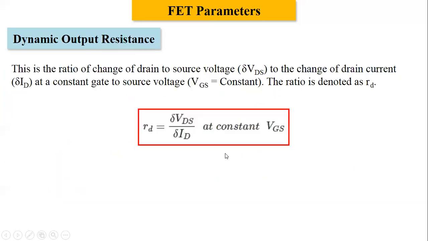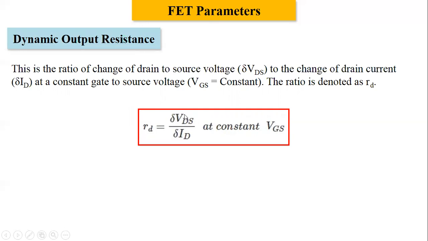Dynamic output resistance, as we already discussed, is also effective. How do we calculate it? Voltage upon current. The output is drain current, and at the same time we have the drain to source voltage as output voltage.